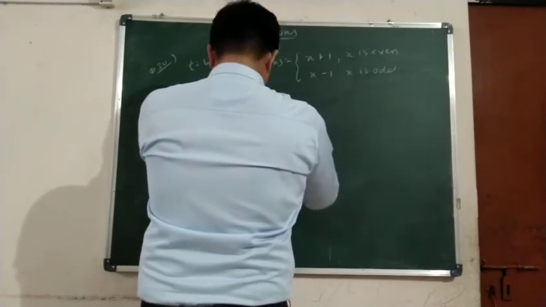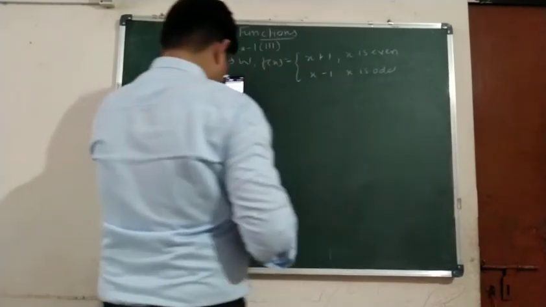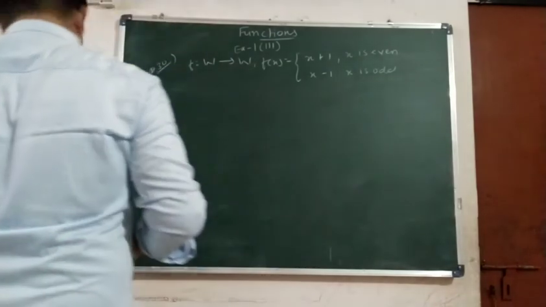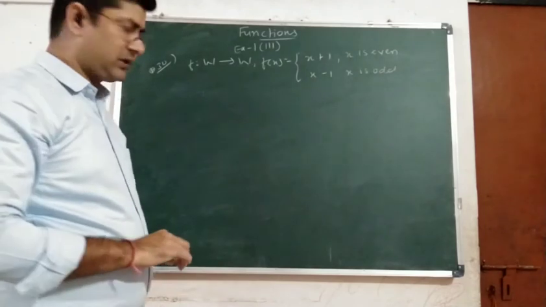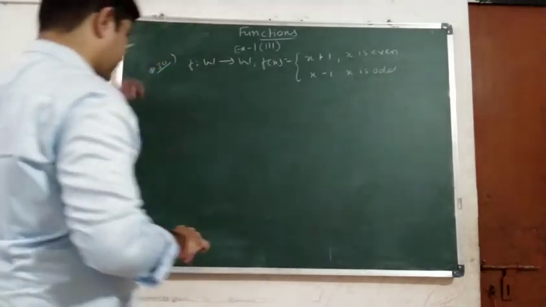We have to show that f is invertible and we have to find the inverse. Now invertibility we have already checked, it seems, but still once again we will check for this question.